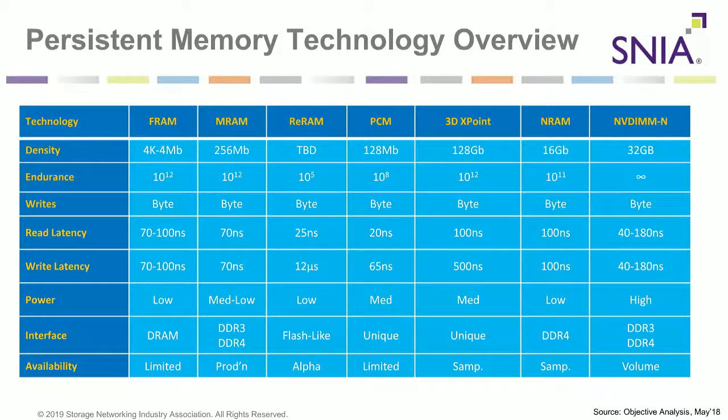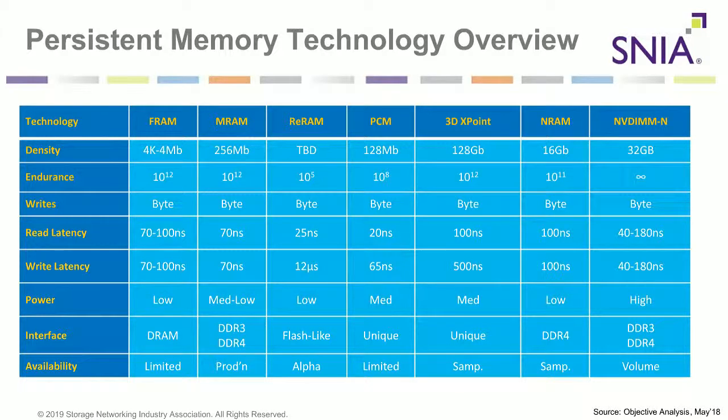I'll go deeper into that. But here it compares the endurance, the writes, the read latencies, and write latencies. Since with NVDIMM-N you're not directly writing to the flash, the front-end interface that's available to the applications will still be like a DRAM, as if it's talking to a DRAM.